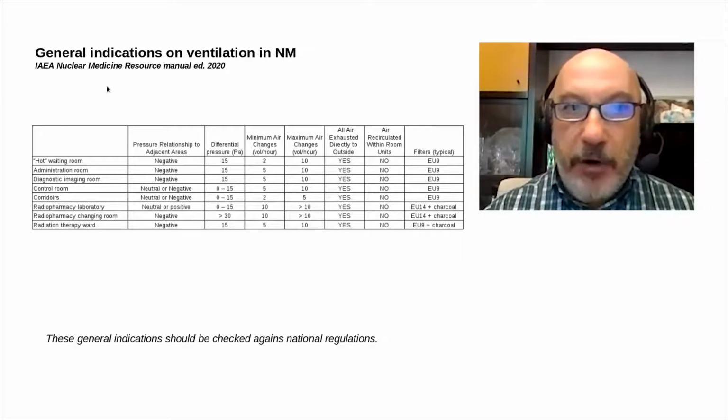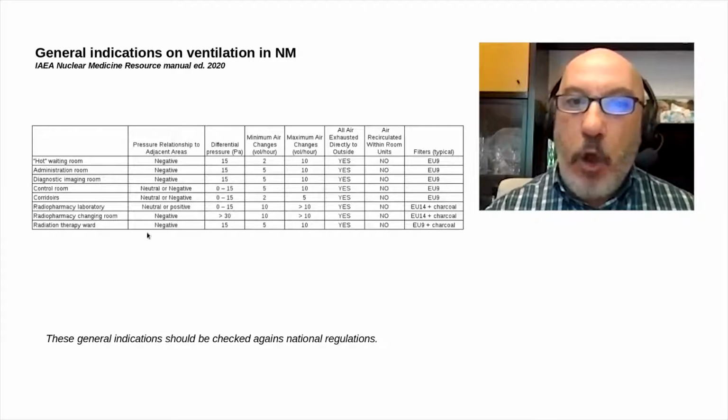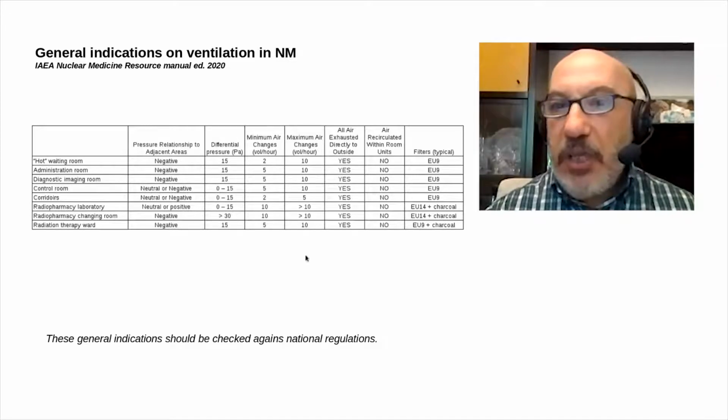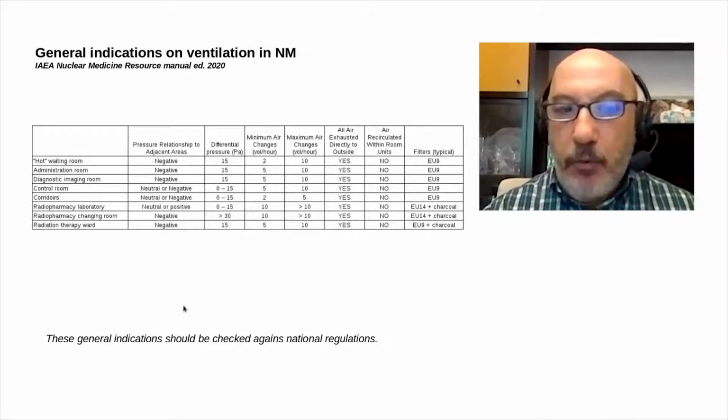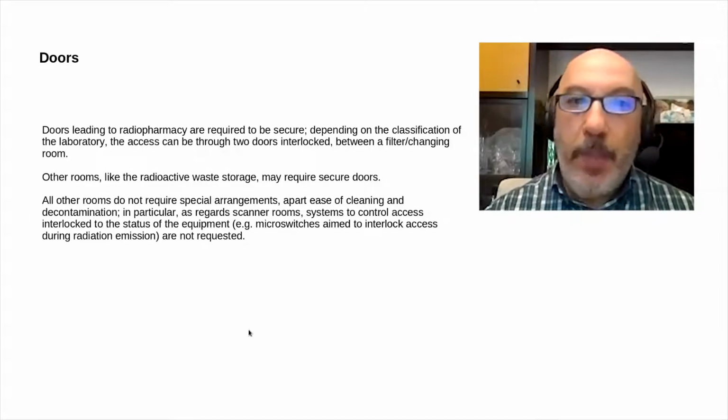And these, taken from the Nuclear Medicine Resource Manual edition 2020, are some recommendations on the type of differential pressure, air changes, and type of filtration that you always have to cross-check against your national regulation.